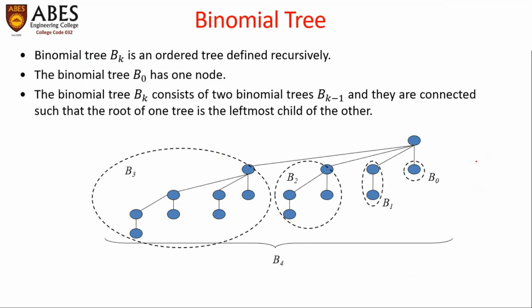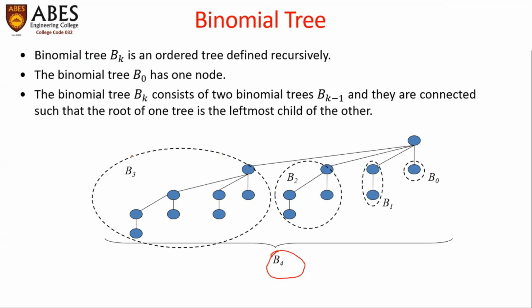Yeah, this is another representation of your binomial tree. Like you can say in each binomial tree, for example, if we take the example of B4, in the B4 binomial tree, we have the binomial trees of the order Bk minus 1 in decreasing order. What does it mean?